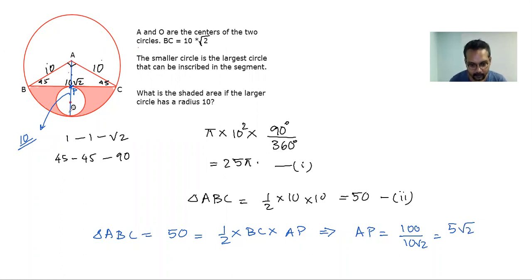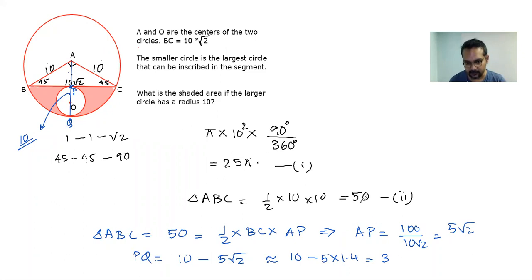Okay, so if this is Q, then PQ will come out to be the total radius 10 minus AP, which is 5 root 2. Root 2 is 1.4, so this is approximately 10 minus 5 times 1.4, so approximately 3. So the length of PQ is 3, and hence that's the diameter.